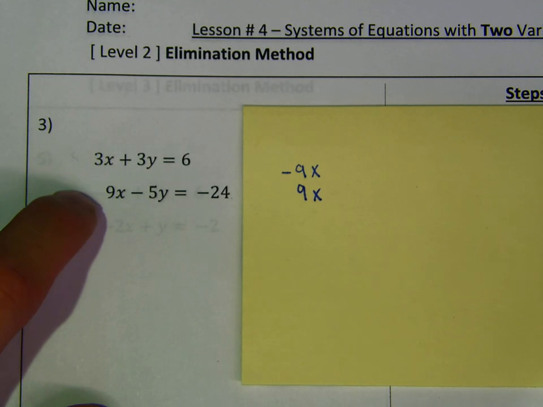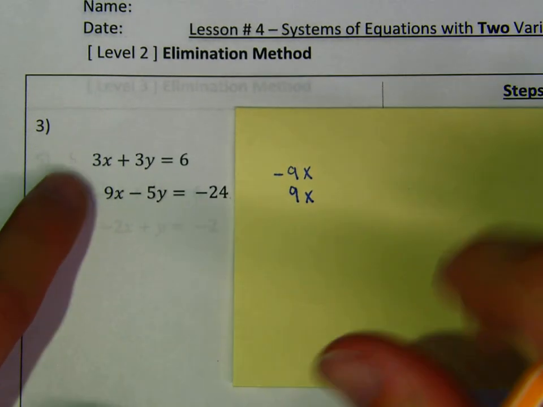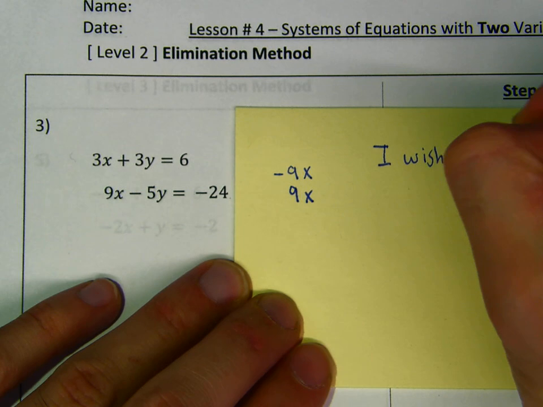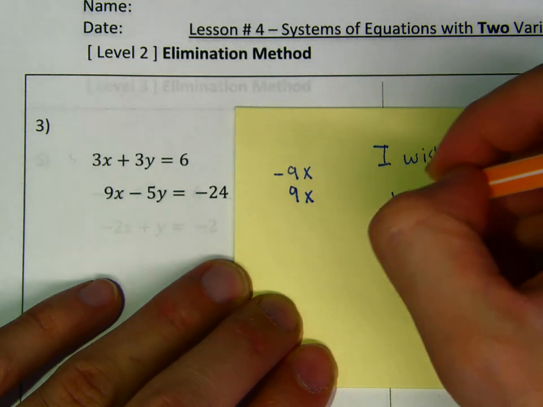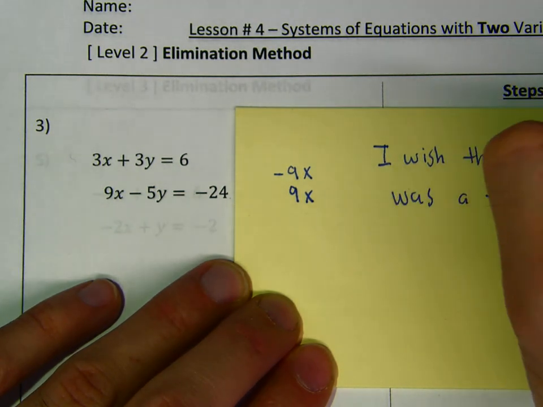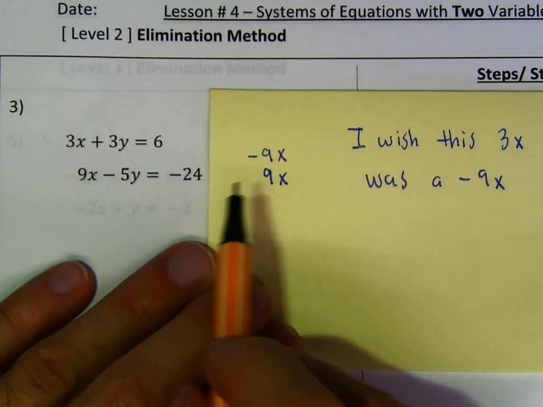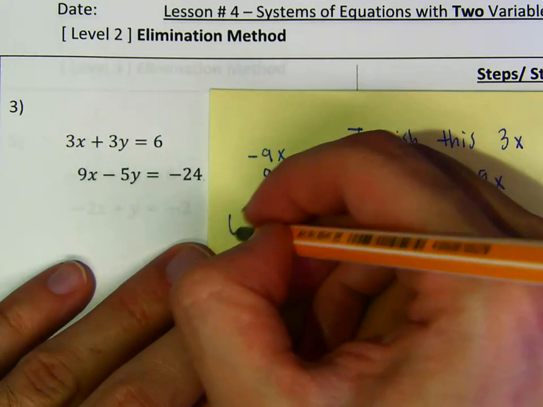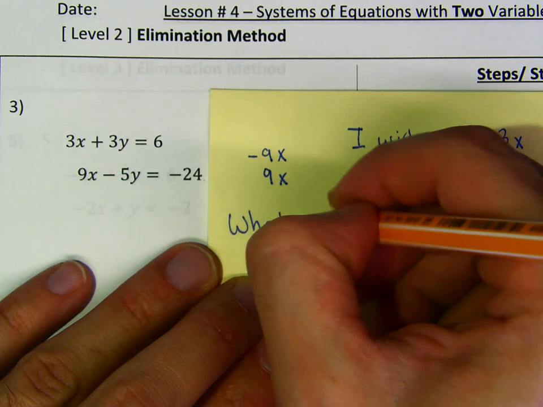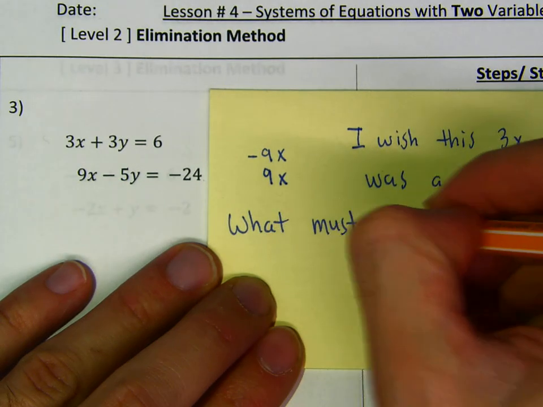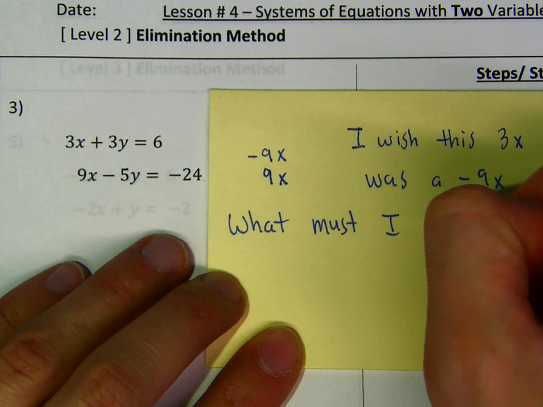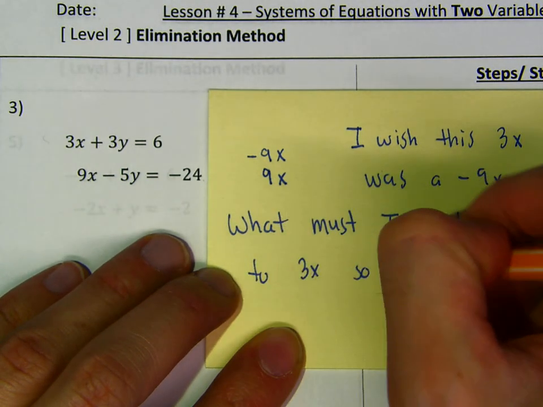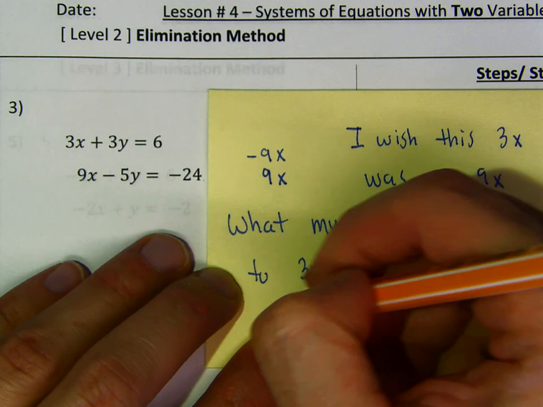Now, when I look at it, I say, I wish this 3x was a negative 9x, right? That's what you want. What must I do, or what must I multiply to 3x so it becomes negative 9x?